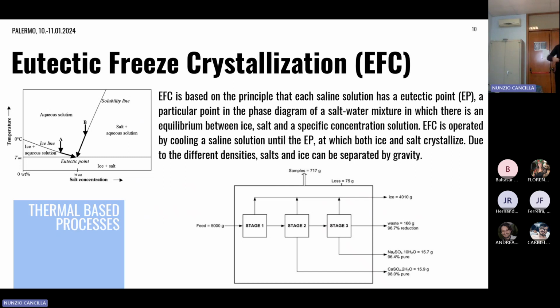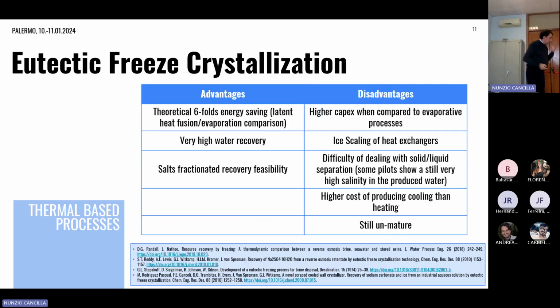So if you operate correctly by cooling a saline solution until you reach the eutectic point, you can get ice and salt. What is interesting with this technology potentially is the energy consumption. Theoretically, you should have the advantage of lower energy consumption.